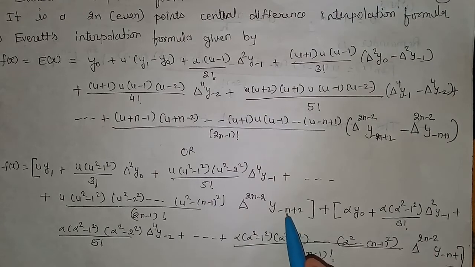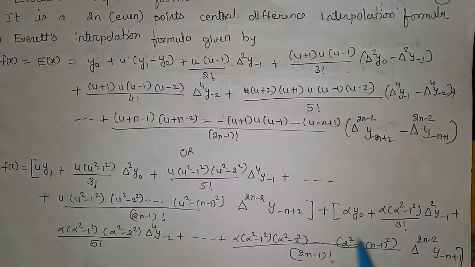Up to the nth value, if this is delta raised to 2n minus 2 y minus n plus 2, here it is delta raised to 2n minus 2 y minus n plus 1. So in alpha there is every time one less difference than the table compared to u1.